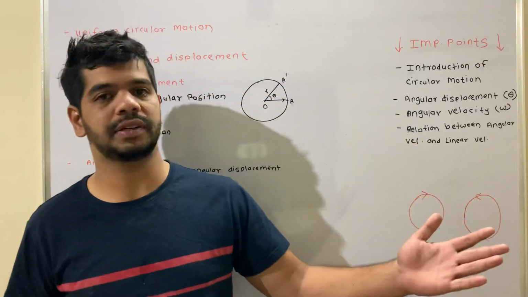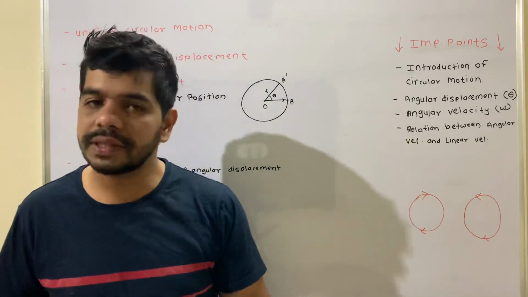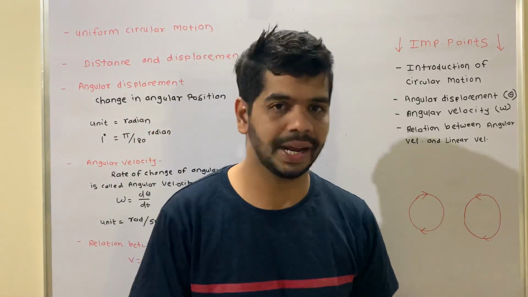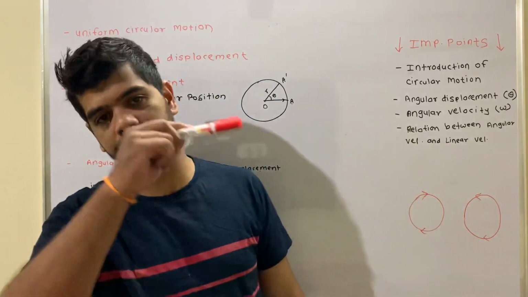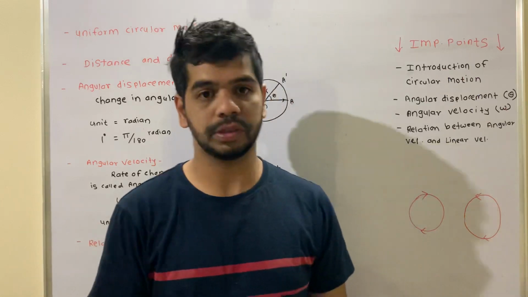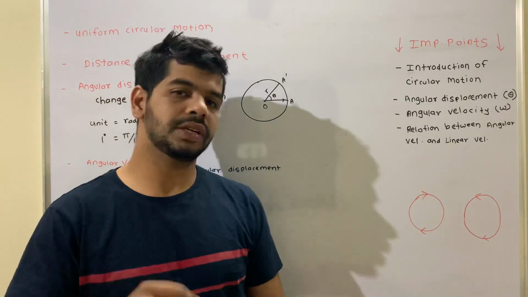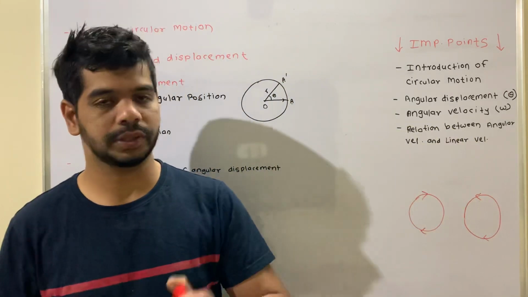So these things are different. But if I ask, what is circular motion? You have to say, the motion in which the particles of that particular body follow the circular path. Okay, so this is about the circular motion.